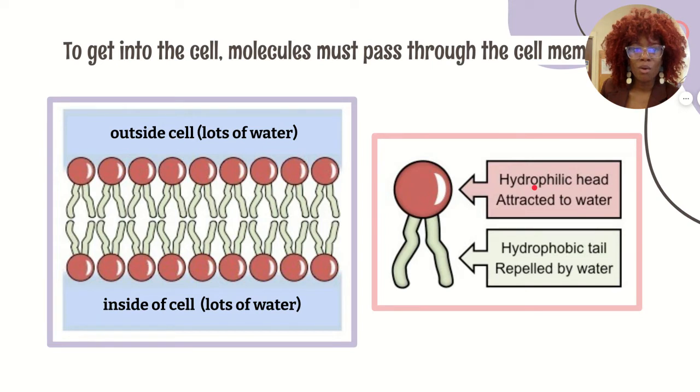Hydro means water. Philic means love or attracted to. So hydrophilic means attracted to water, while their hydrophobic tail is hydro, water, phobic, scared of. They're scared of water. That's how it creates this selective permeability.